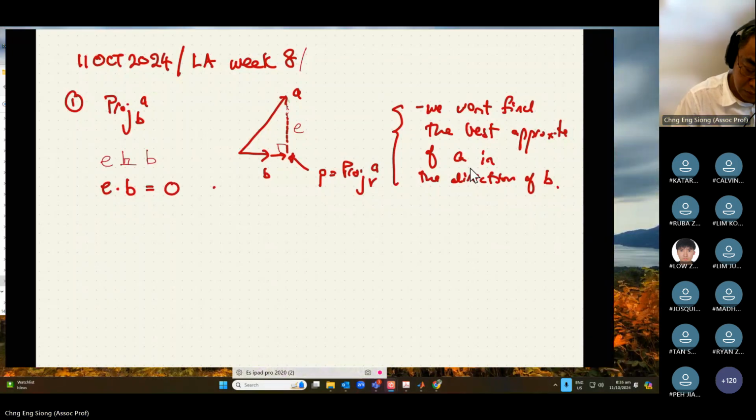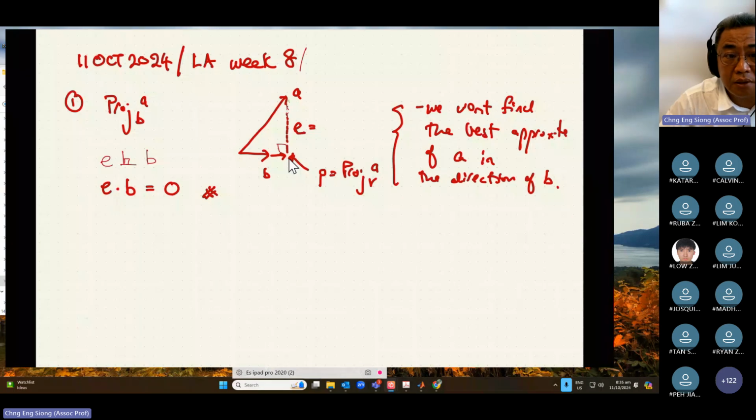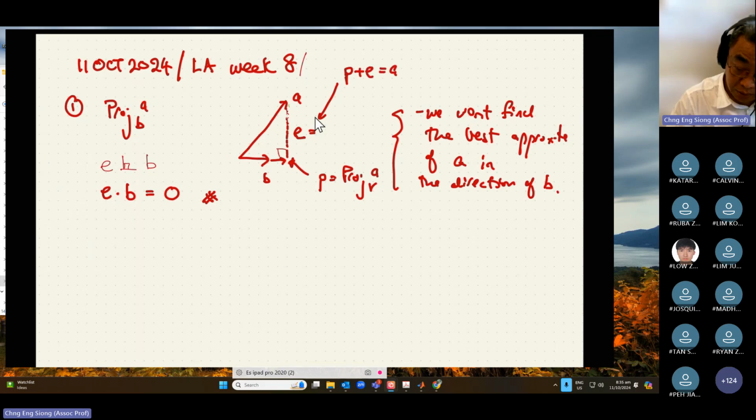Very good. So we start with this. And what is E? If we have B here, and this point is P, then P plus E equals A. Therefore, E is equal to A minus P.